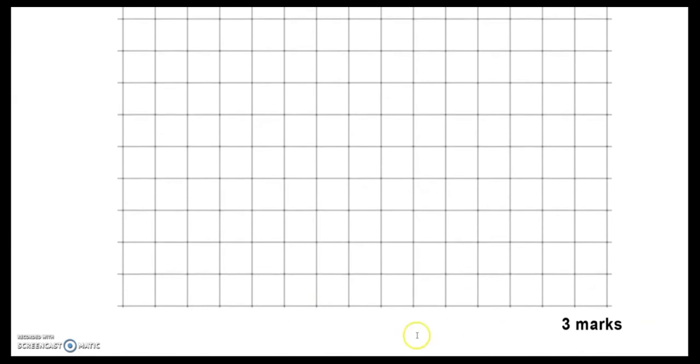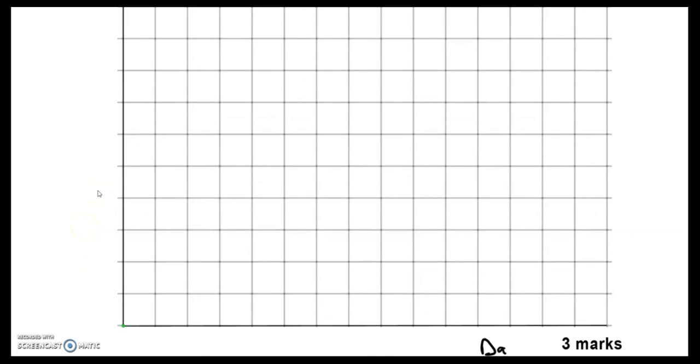We'll show the days here horizontally and the amounts raised vertically. Put days. I'm going to leave a gap and then put day 1.